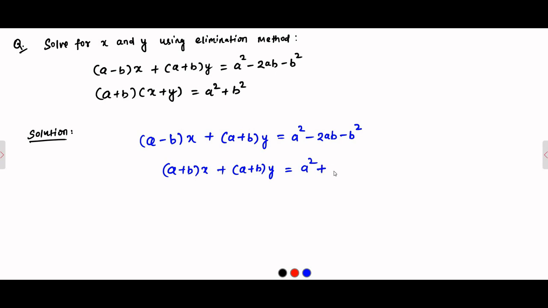Okay, so this is equation 1, this is equation 2.